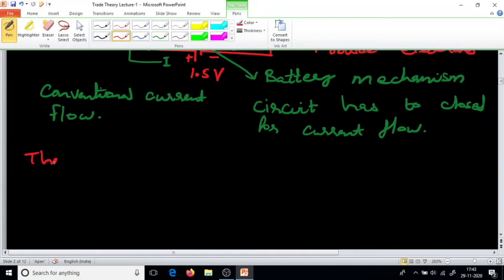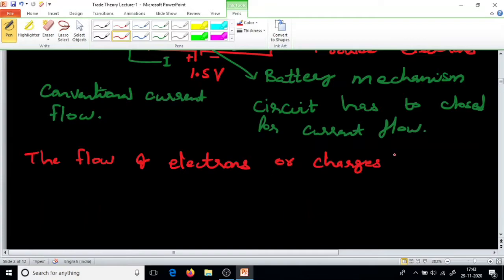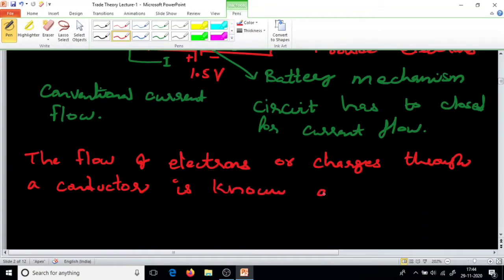The flow of electrons or charges through a conductor is known as electric current.